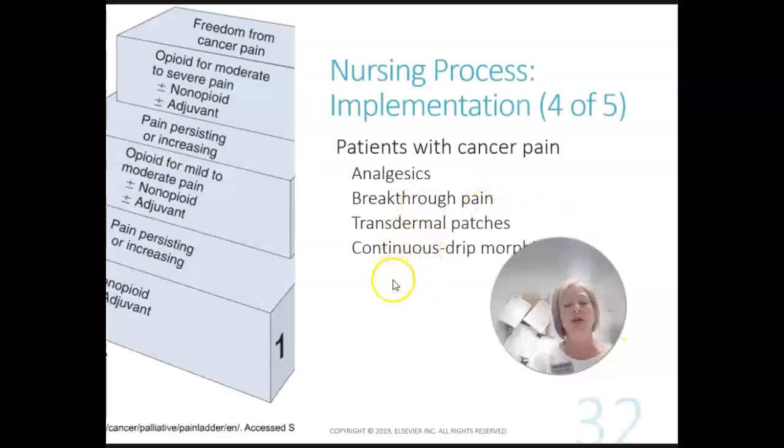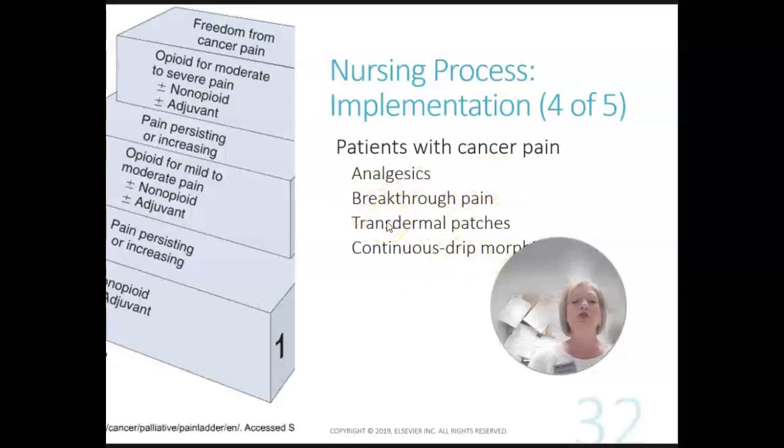So patients with cancer. Patients with cancer are a little bit harder to deal with because sometimes they can have cancer pain that's intractable and really, really hard to treat. It can be very debilitating for your patients. So there are certain guidelines that we use to help treat that. We give a lot of our cancer patients analgesics.